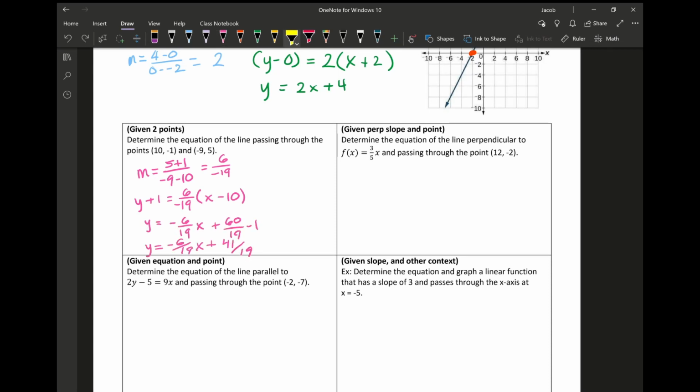So there's a couple things I want to point out. Notice that I've used 10, -1 as the point that I'm taking. So I'm taking from that coordinate pair, and I'm not using the other one. Also, I am writing this equation as y equals mx plus b.